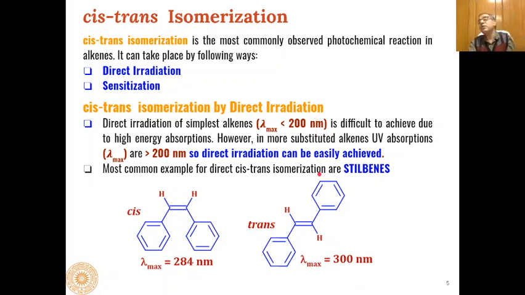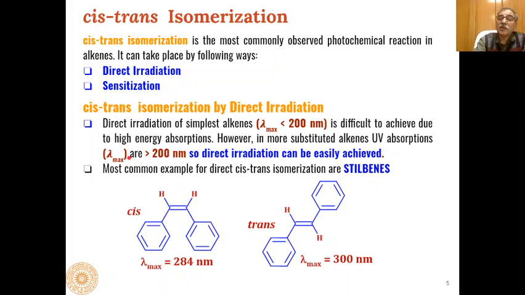As I have told you, because high energy is required for intersystem crossing from the singlet state to the triplet state, direct irradiation reactions generally take place in the singlet excited states only, not in the triplet excited states. So direct irradiation of simple alkenes, which have lambda max less than 200 nanometers, is difficult to achieve due to the high energy absorptions required.